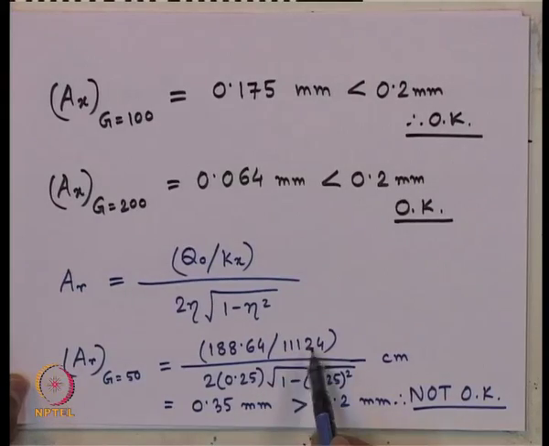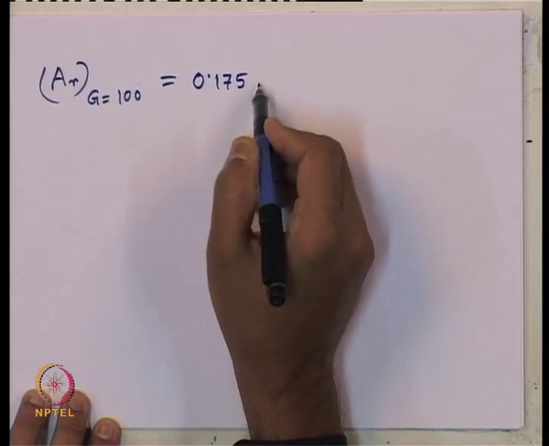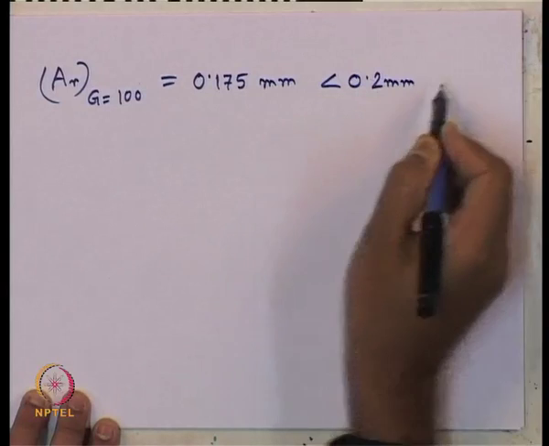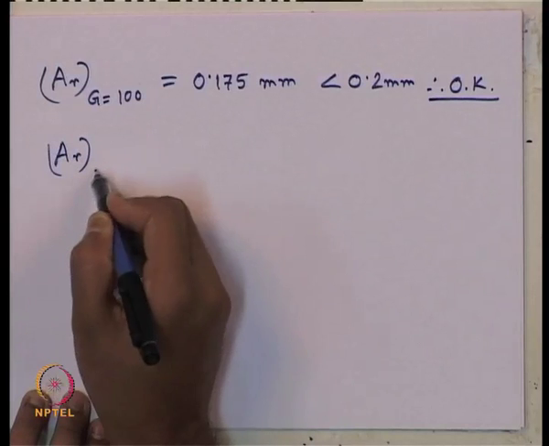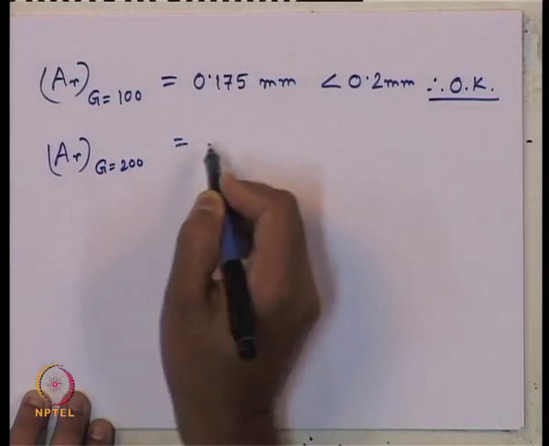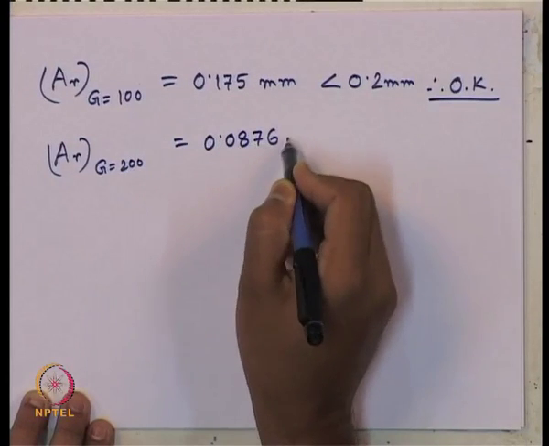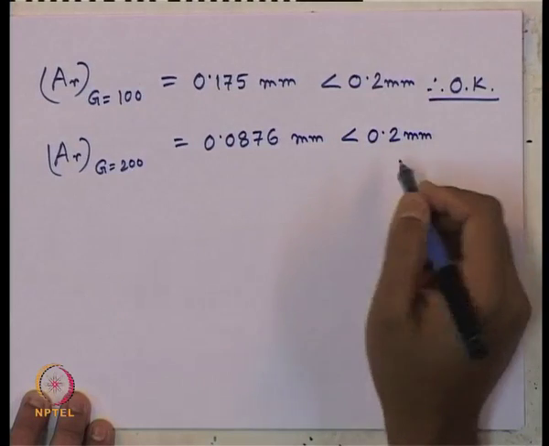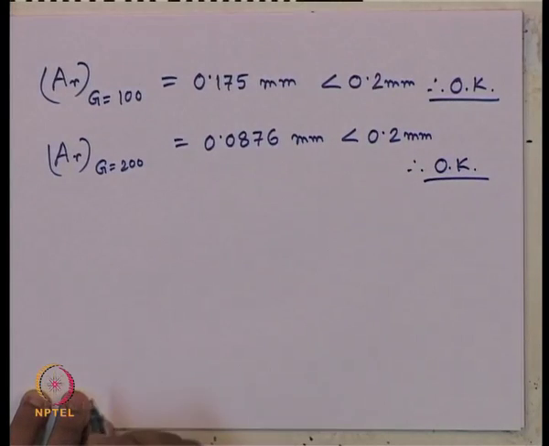So, only thing, it will become half of this, because k x is getting doubled. So, 0.175 millimeter, which is less than 0.2 mm. Therefore, in this type of soil it is okay, and A r at G equals to 200 TSF is half of this, about so much of millimeter, which is less than 0.2 mm. Therefore, this case also it is fine.